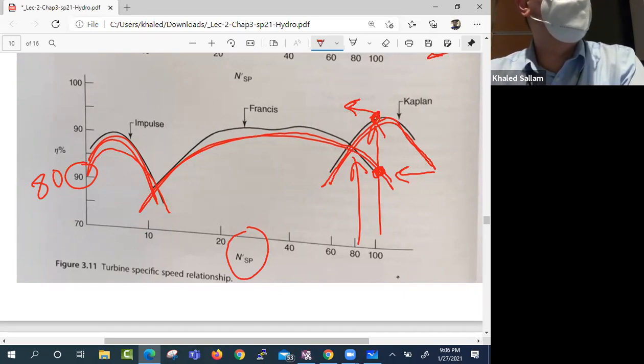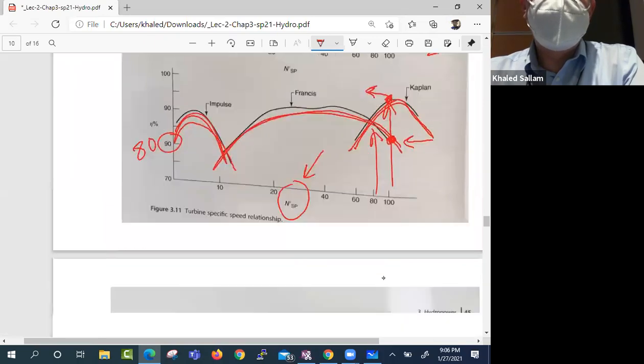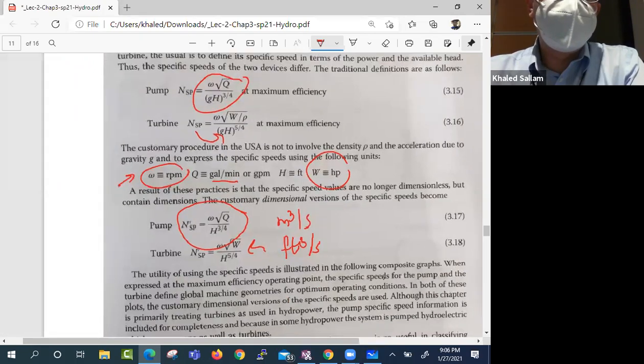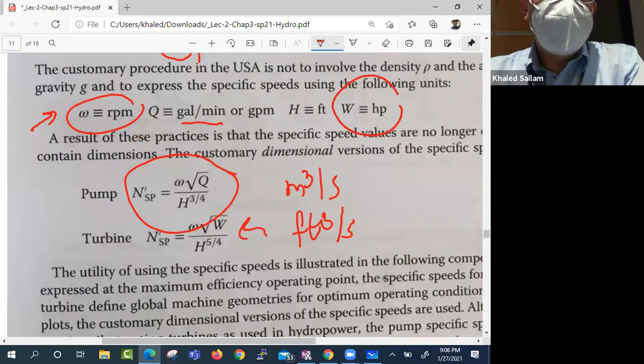What is the right machine that we should use? Well, you calculate the specific speed, you come over here and you see which one is highest. And based on the formula for the specific speed, as the head gets bigger and bigger, which one should we use?